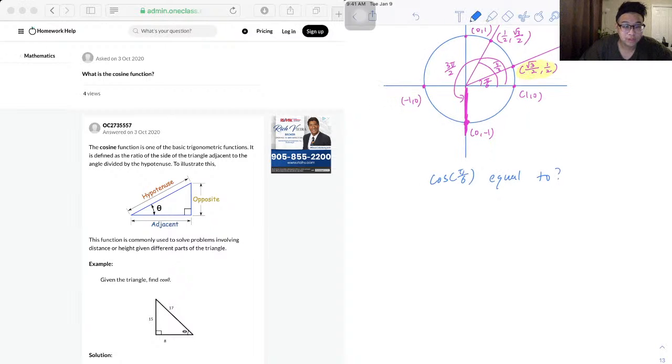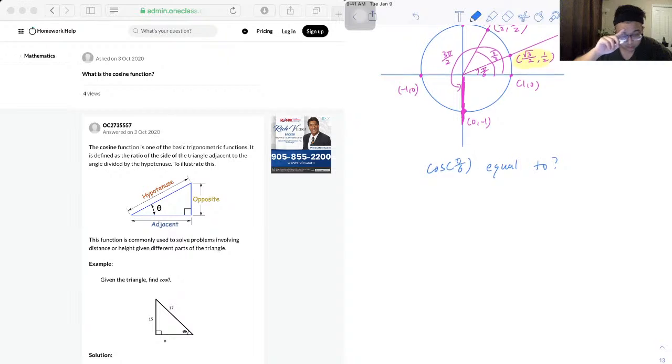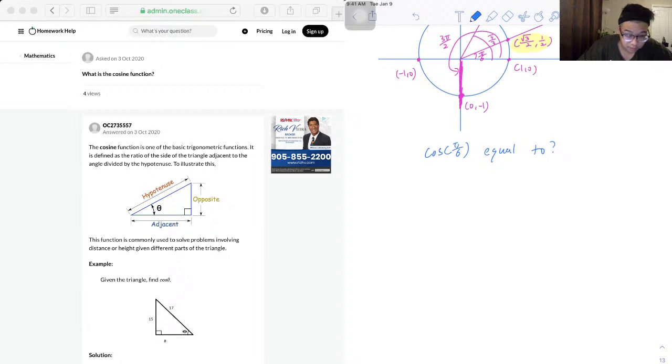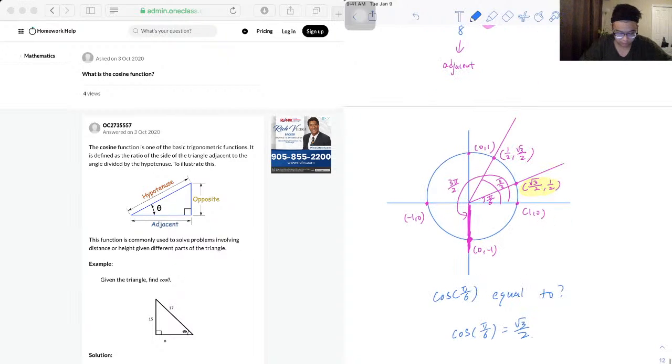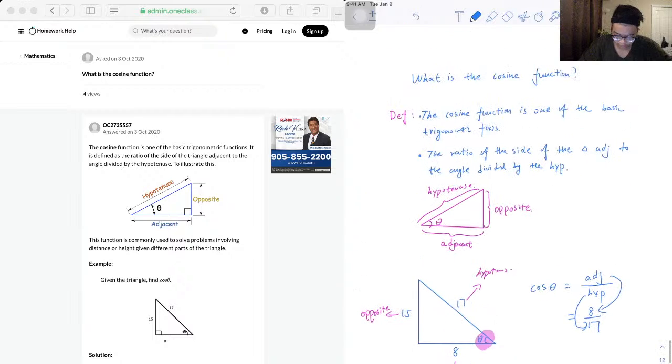The cosine function takes the value of the x coordinate, so cosine pi over 6 is equal to √3 over 2. I think that's all we got for this question.